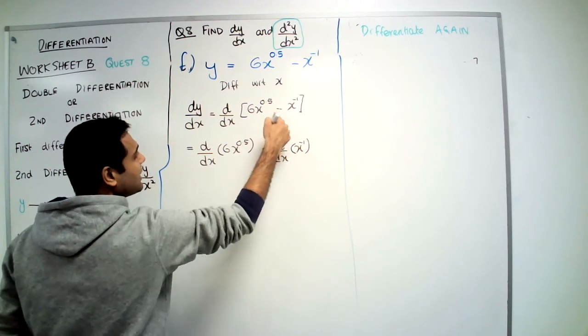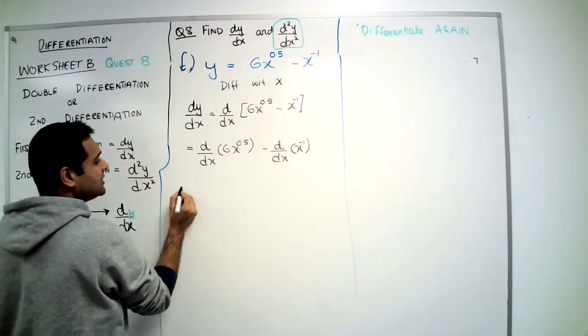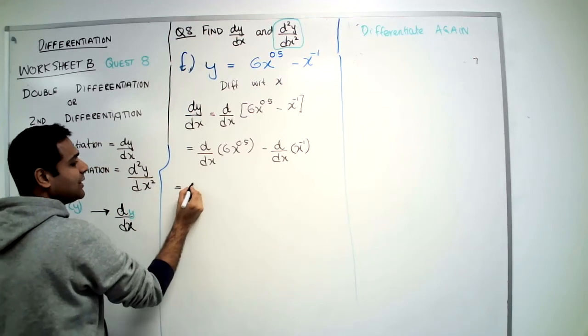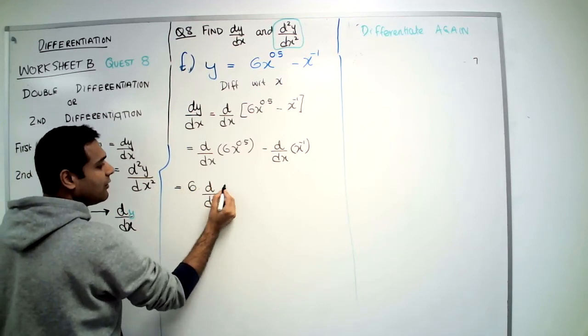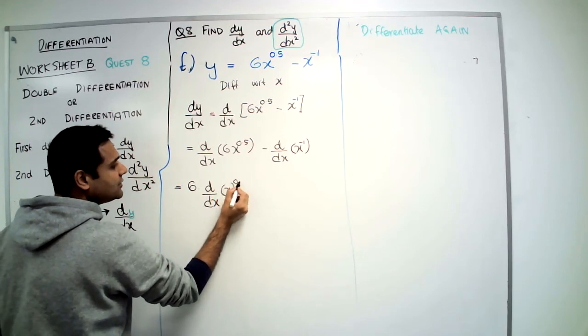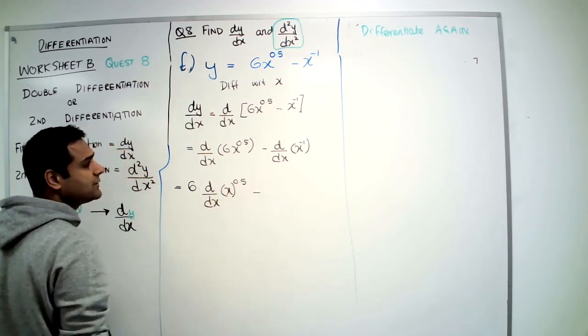That minus is that minus. I copied that one, I haven't differentiated it yet. So 6 comes out, and I need to differentiate d over dx of x^0.5.